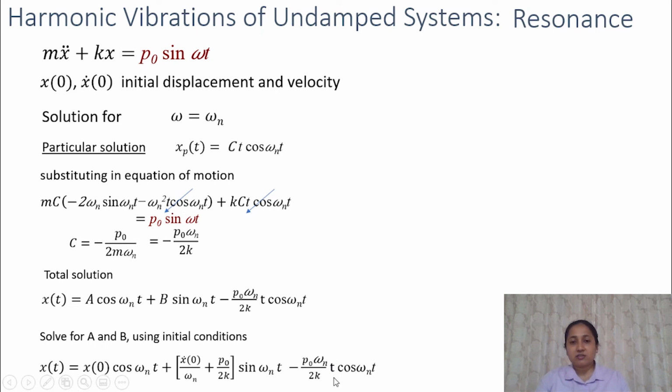So that means as the time increases, the steady state amplitude will also increase. So after some time of starting the vibration, the steady state part will be the predominant vibration. The effect of this transient vibration will be insignificant after some time and the vibration will be equal to the steady state vibrations.